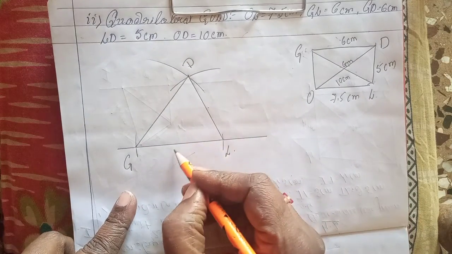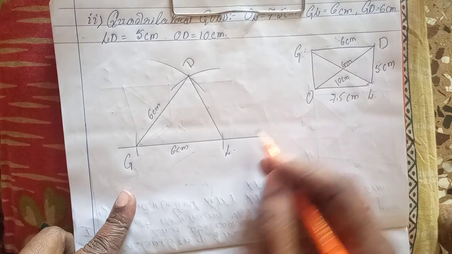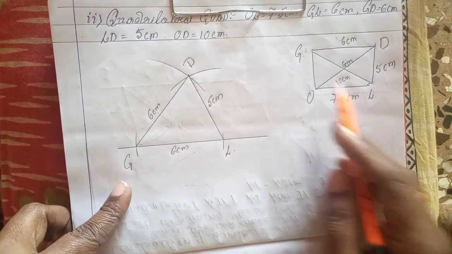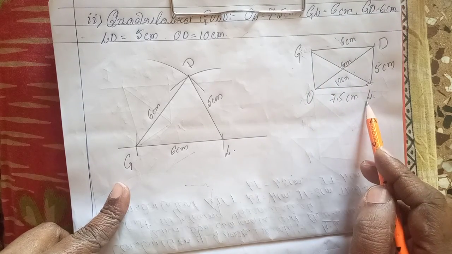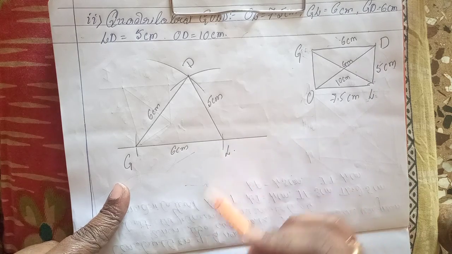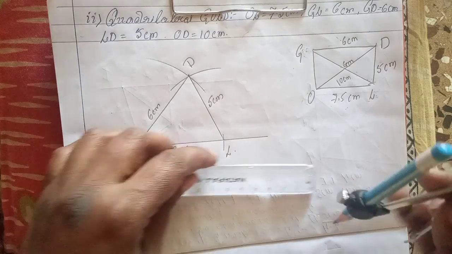Yes, we got the half part of the quadrilateral, that is triangle GLD. Write the measurements of this. This is 6 centimeter, 6 centimeter, and this one is 5 centimeter. And now look at this triangle GOL. In this, what do we know? LO is equal to 7.5 centimeter.